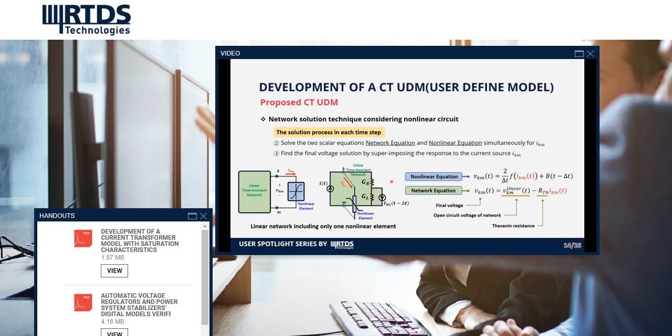So, we solve the two scalar equations, the network equation and the nonlinear equation, simultaneously for current IKM. Then, find the final voltage solution by superimposing the response to the current source IKM from the network equation. This is how to compute a linear network with nonlinear elements in a digital computing environment.